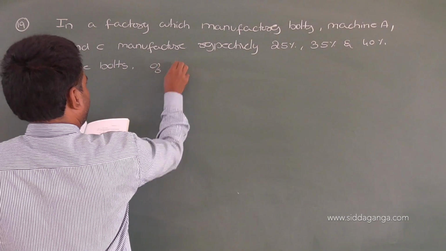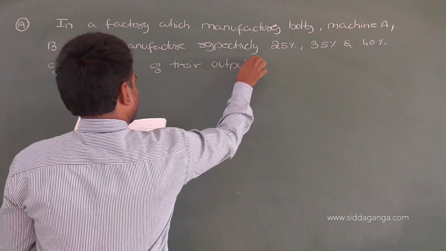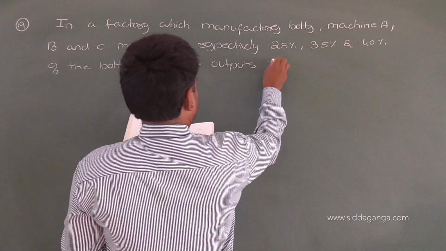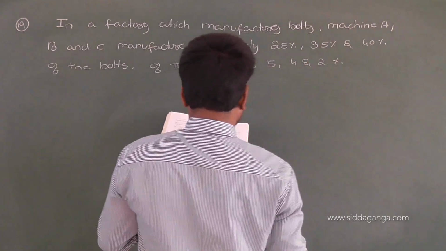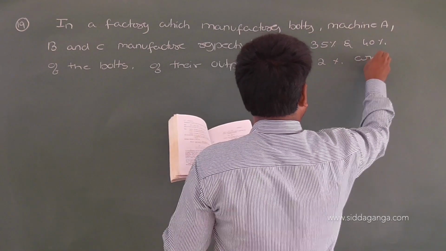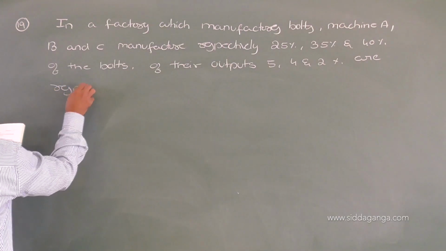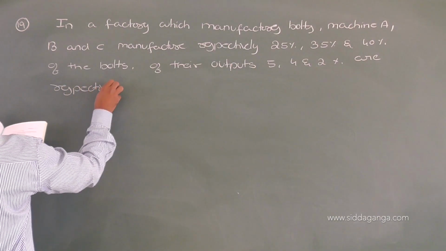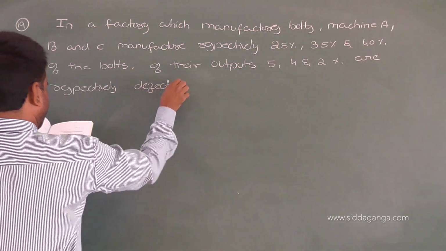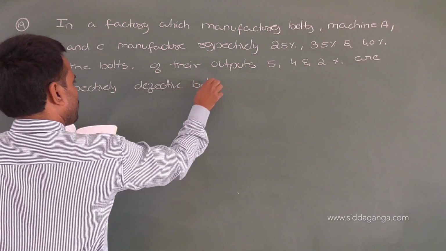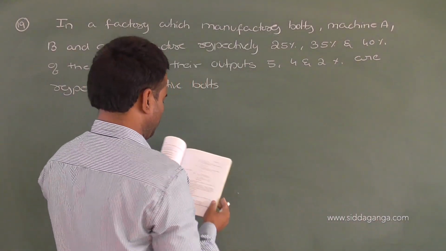Of their outputs, 5, 4 and 2% are respectively defective bolts.